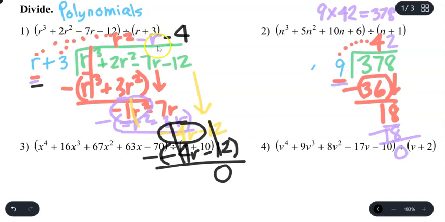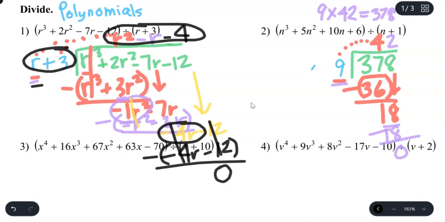And it does. In this case, it does. But if you come out with a remainder, it doesn't. So what this is basically saying is r plus 3 times r squared minus r minus 4 is equal to r cubed plus 2r squared minus 7r minus 12.